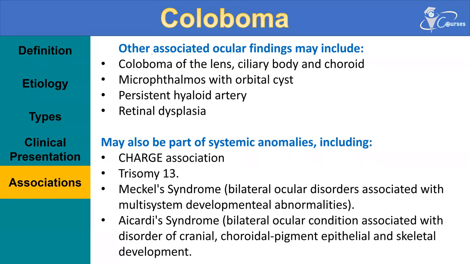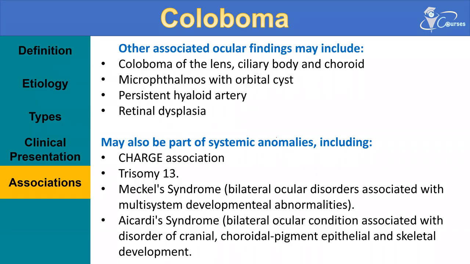For ocular findings, if there is one coloboma, it can be associated with coloboma of other tissues. If there is iris coloboma, there could be coloboma of the lens, ciliary body, choroid, optic disc, retina. It can be associated with microphthalmos, orbital cyst, persistent hyaloid artery, and retinal dysplasia.